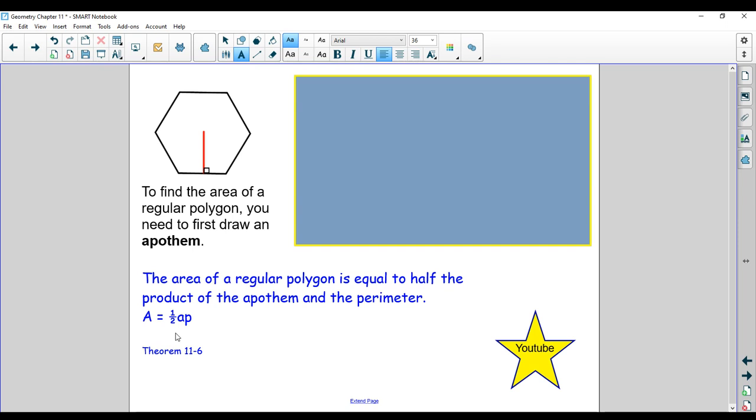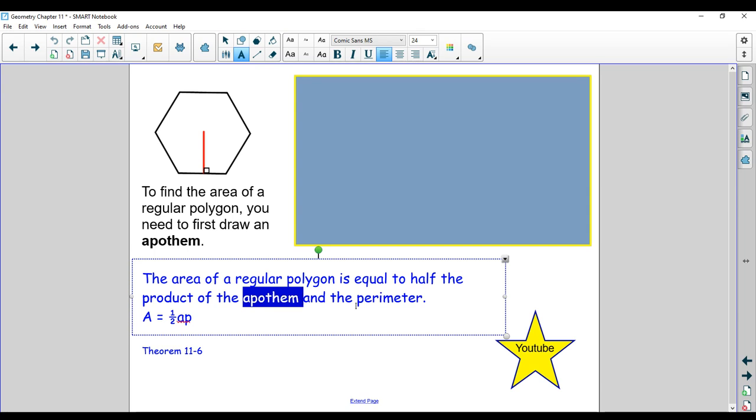Well, neither of those are really put into play when we talk about any dimension of a polygon. So the A stands for the word apothem, which we're going to talk about in a second, and P stands for perimeter. Very rarely do we talk about the area of a figure and relate it to the perimeter of that figure.